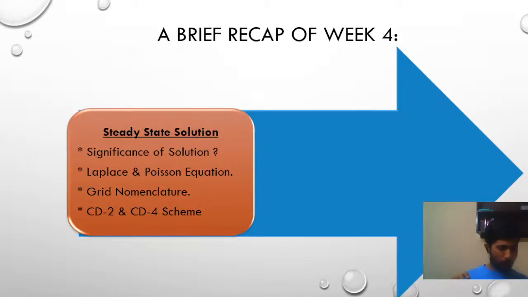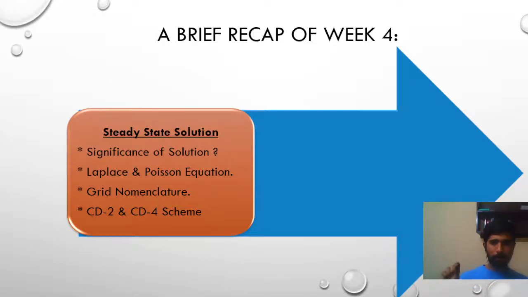Yeah, transition part cannot be determined, only one equilibrium to another equilibrium. So in the steady state solution you are not looking at the transient things which are happening. When you capture it using a video camera, like the flow of water inside a channel, you capture the transition also, what is happening.